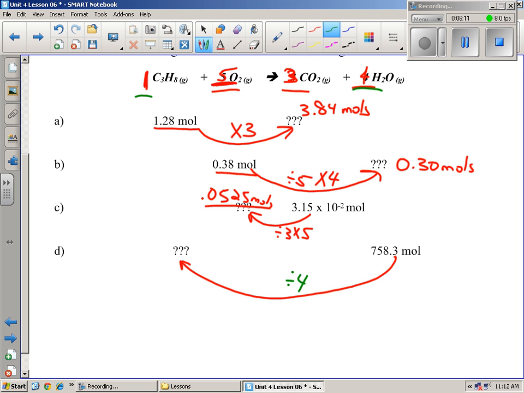So doing that, you're going to get 189.6. And once again, I used rounded numbers, 4 significant digits, so I kept with 4 there. Okay? Is that good? Yes?